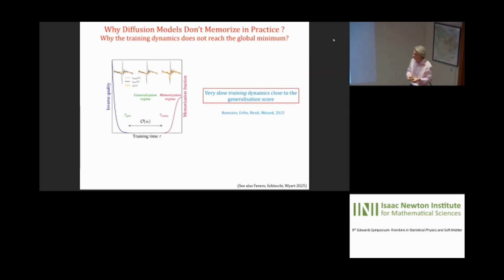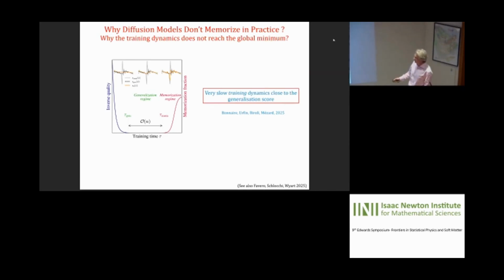It could be that it doesn't reach it because maybe it's not powerful enough, or there is some kind of regularization. But what we find is that it's not like this. This is what happens during the training time. If I stop the training at a certain time tau, and then I generate images, these are the properties of the images.